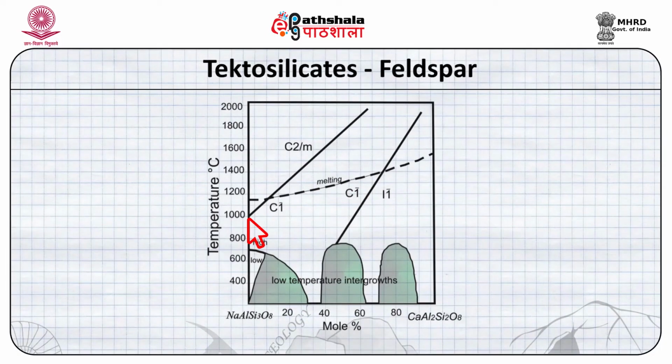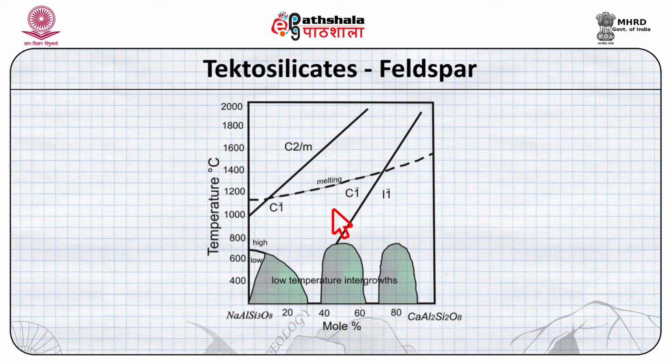So, this normally represents higher temperature, as we also see that the melting axis intersects this. So, there is only a small area where the solid phase and the C2/M structure is stable. It's stable only at very high temperature. Then we have C1 and 2 structures which segregate increasingly lower temperature feldspars.